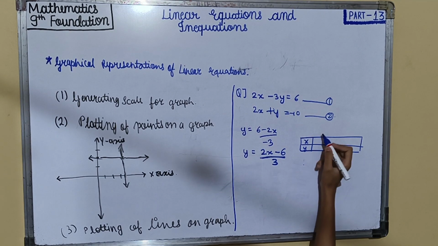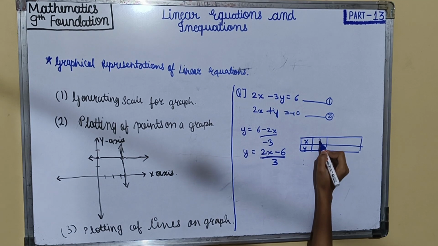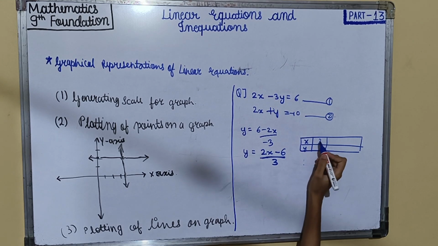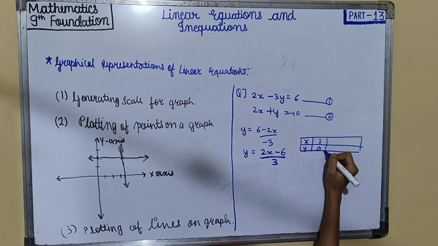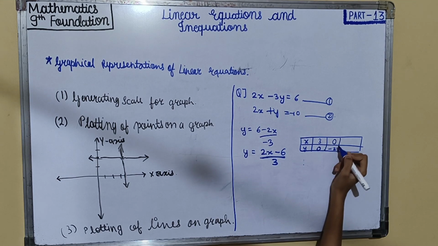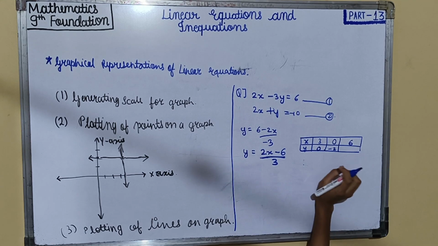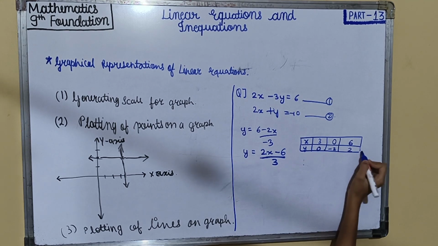We can put any value. If we put the value of x as 3 in this equation, we'll get the value of y as 0. If we put x as 0, then we will get y as minus 2. If we put x as 6, we will get y as 2.